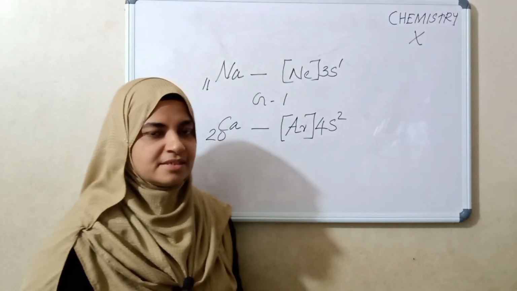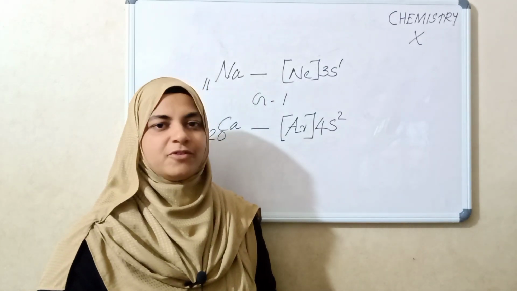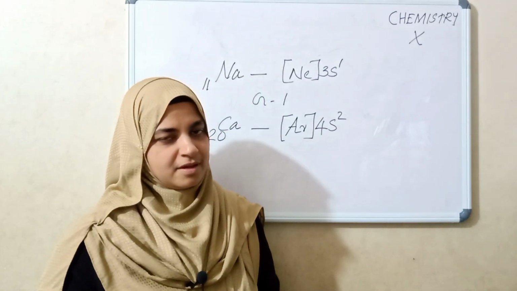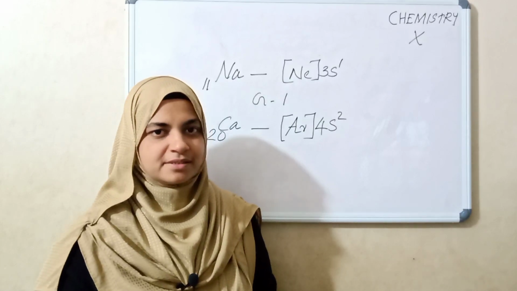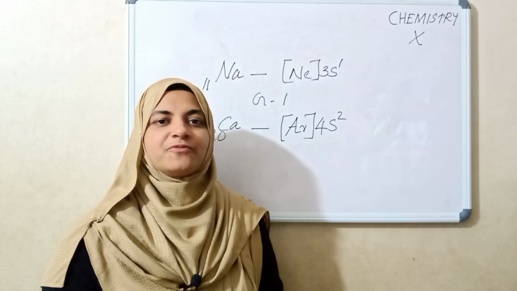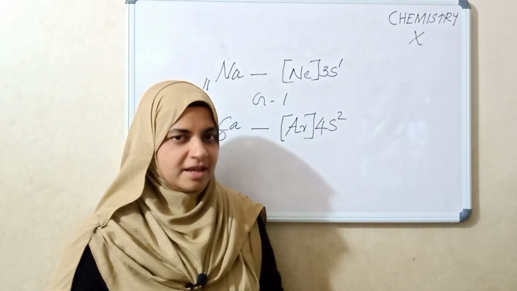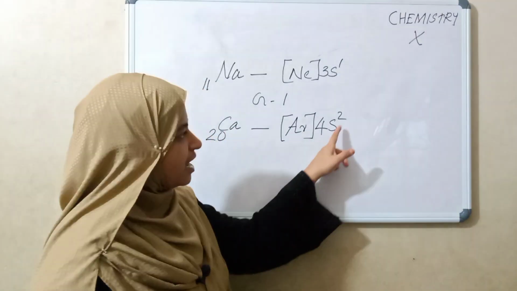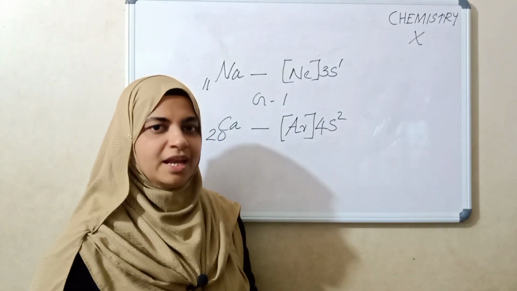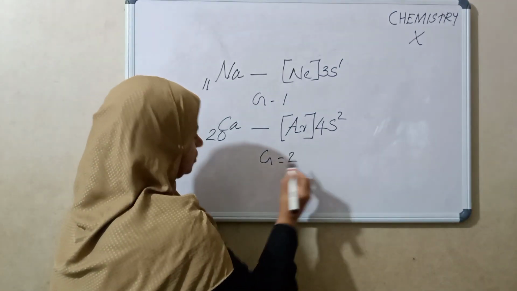Here, the last electron is filled in the S subshell. Therefore, the block is S. For S block elements, the group number is equal to the number of electrons in the last S subshell. Here, the last S subshell consists of 2 electrons. Therefore, the group number is 2.